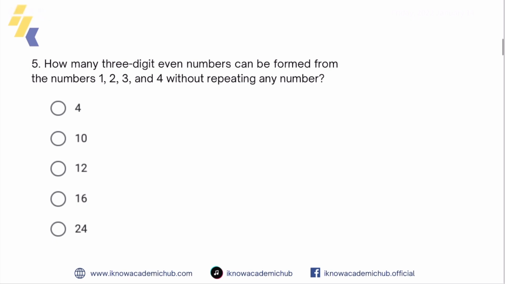Next, how many 3-digit even numbers can be formed from the numbers 1, 2, 3, and 4 without repeating any number? So note that it must be an even number and the digits are not repeating.